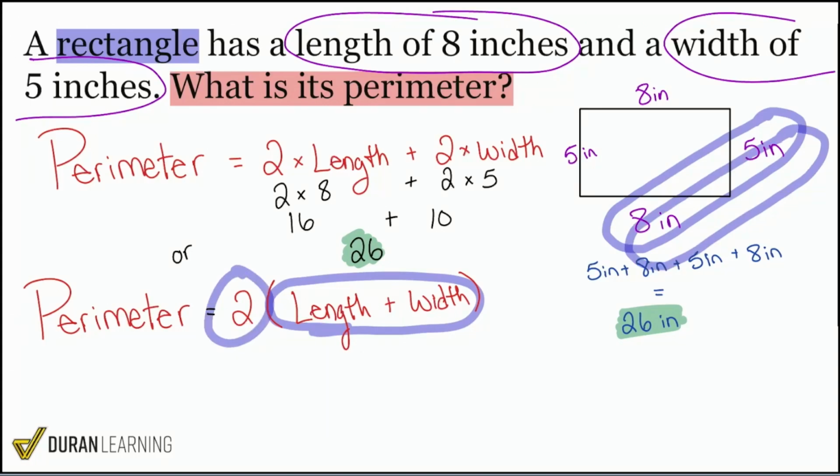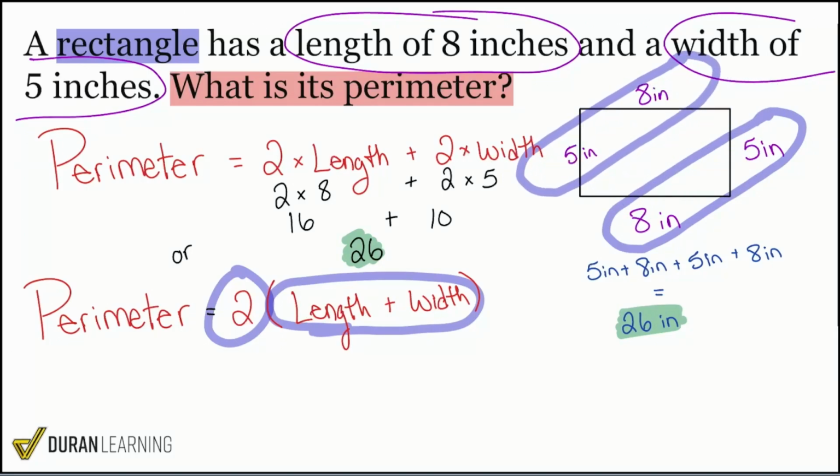Multiplying it by 2 to include the other length and the other width. And that's what that is. If you double the length and the width added together, you cover all 4 sides. That's the thinking behind this version of the formula.